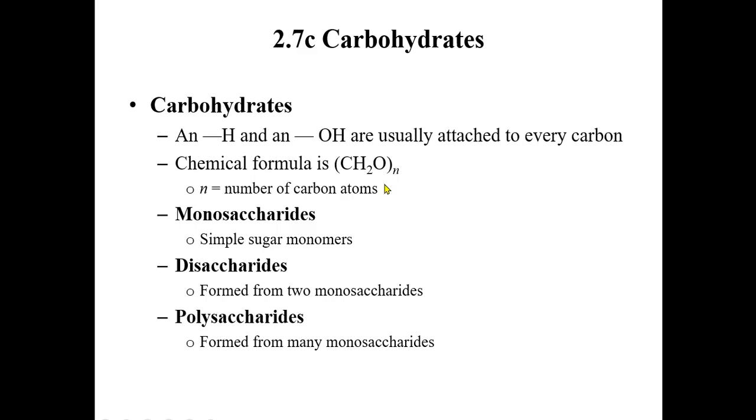Now this formula is of value to you because that's how you're going to identify the carbohydrates. The ratio for carbohydrates is 1 to 1: one carbon for every two hydrogens and one oxygen. That's what I mean by 1 to 1.